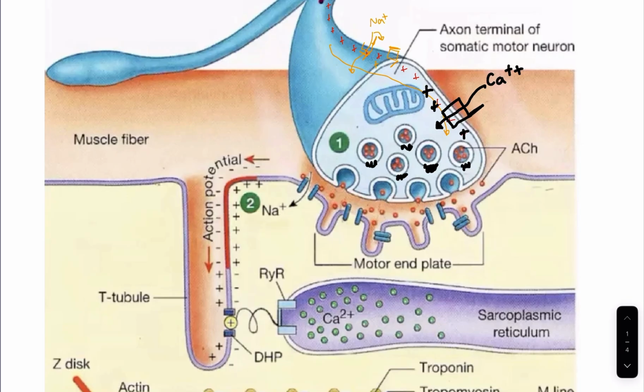When calcium, imagine this little blue dot is calcium, binds to these proteins, it facilitates the movement of each of these vesicles towards the outer membrane. And the membrane of these vesicles will fuse with the outer membrane and release the neurotransmitters, or these little signal molecules, kept within these vesicles. And those signal molecules are called acetylcholine.